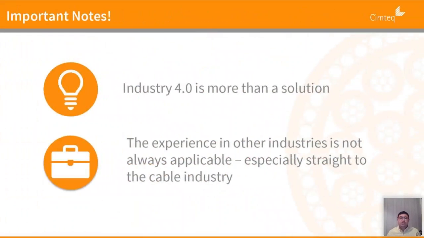Before we talk about smart factory or Industry 4.0, there are two things I would like to emphasize to make sure we're all on the same page. The first one is Industry 4.0 is more than a solution, or we will see it's more than a target.